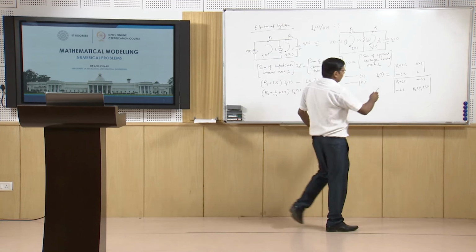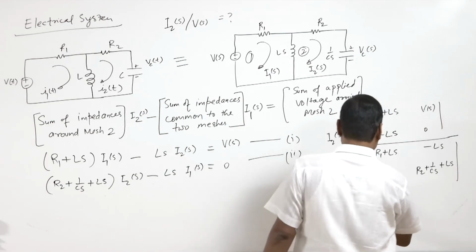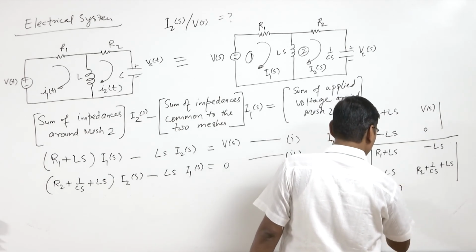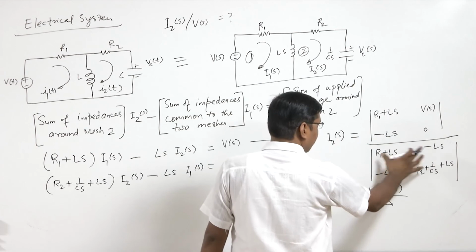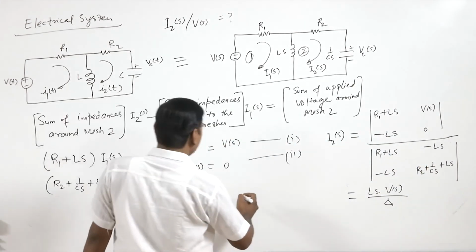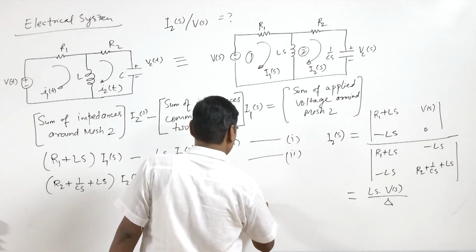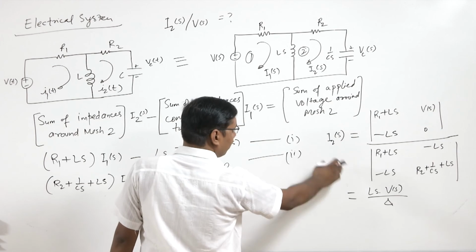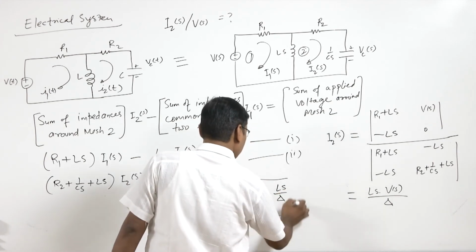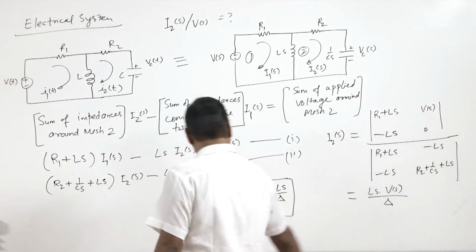The numerator is 0 plus Ls into V(s), so I2(s) equals Ls into V(s) upon delta. So I2(s) by V(s) is Ls by delta, where delta is given by this determinant.